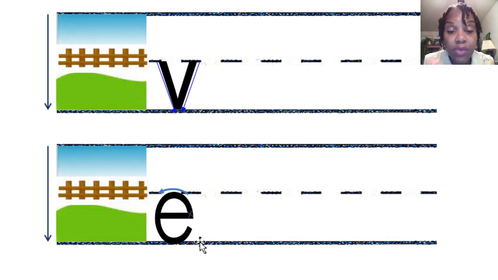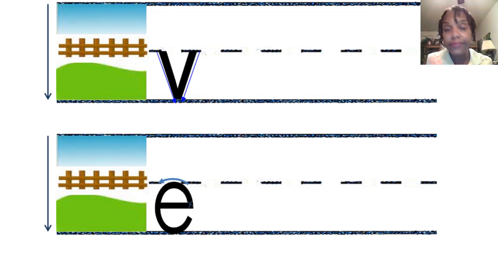And then you're going to pick up your crayon or your pencil and put it right on the point where you started the top part of your circle, and draw a straight line all the way back to the circle, right? When you get your homework packet, you're going to practice. This might be kind of a tricky sound picture or letter to write, so you're going to practice in your homework packet, okay? Good job. All right.